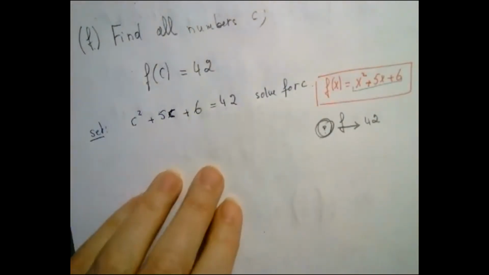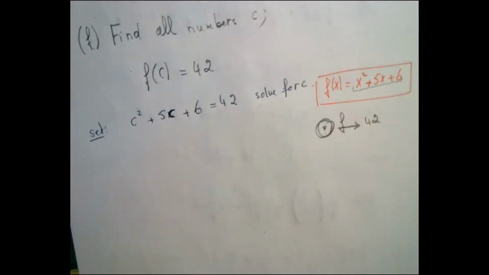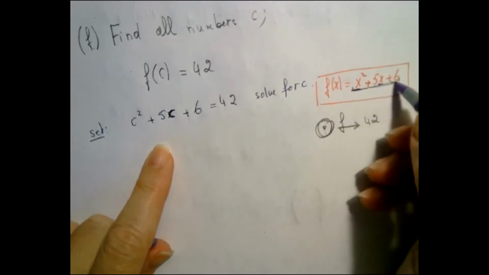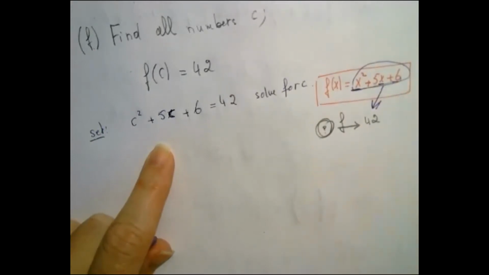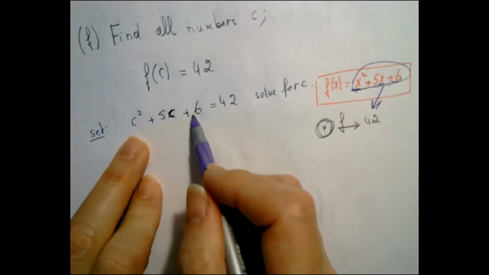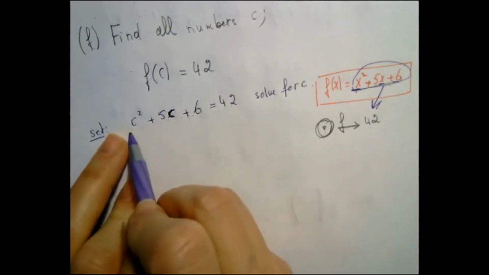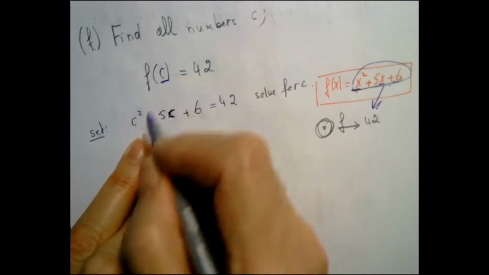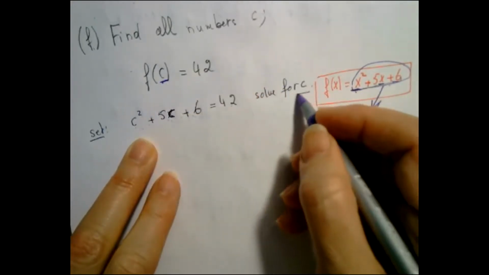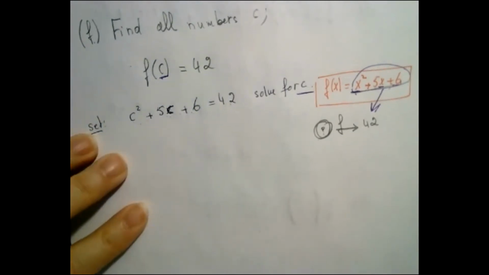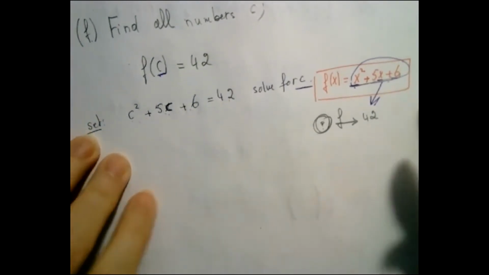Because now what I want here is, which number c should I put here so that when I evaluate it, I will get 42. So the way we do that, we say, okay, I set c squared plus 5c plus 6, because they use the letter c. That's why I'm using the letter c. And I try to solve for c. So the question is how to solve for c. This is actually also going to be my topic today, how to solve those equations.